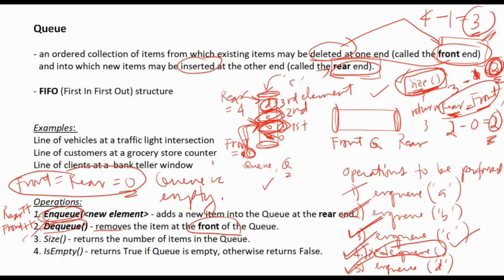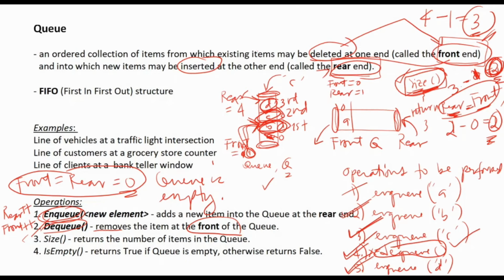If we're going to insert A, this is the rear end, so it inserts here and it dequeues here. So when we insert or enqueue A, it goes here. This is index 0. At this point, the front is equal to 0 and the rear is equal to 1.